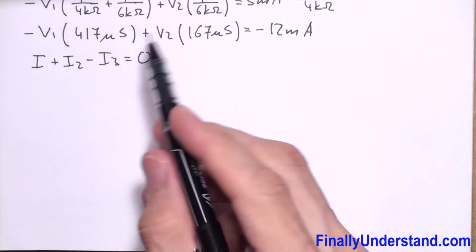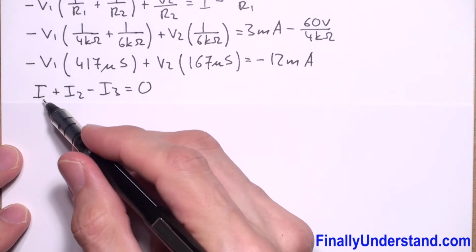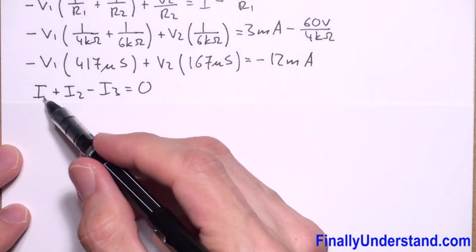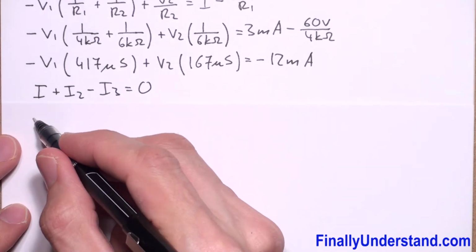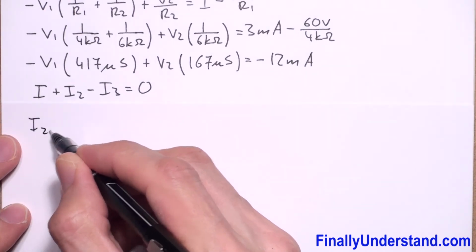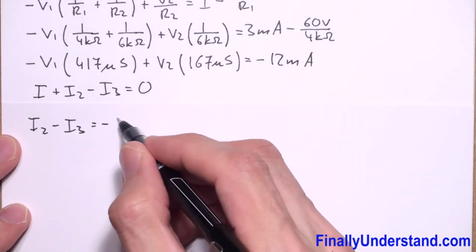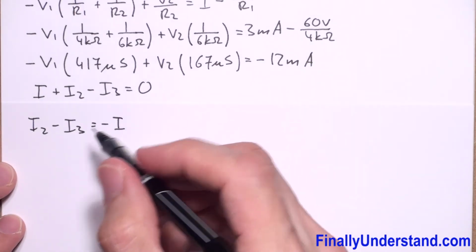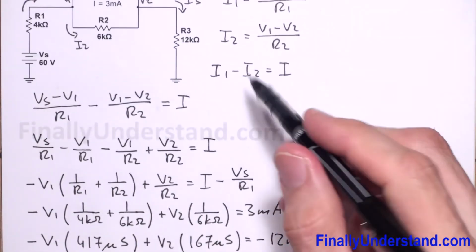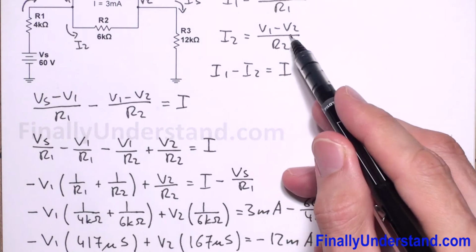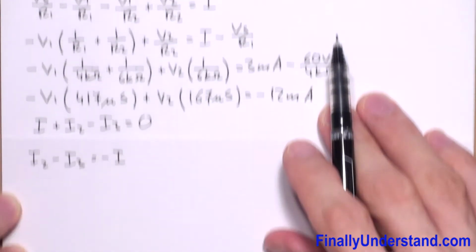That's why I have this equation. Now I'm supposed to move I to the right side because I is given, it's equal to 3 milliamps. So I have I2 minus I3 is equal to negative I, where I2, we found, is equal to V1 minus V2 over R2.